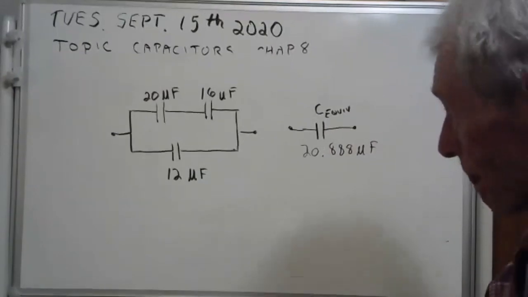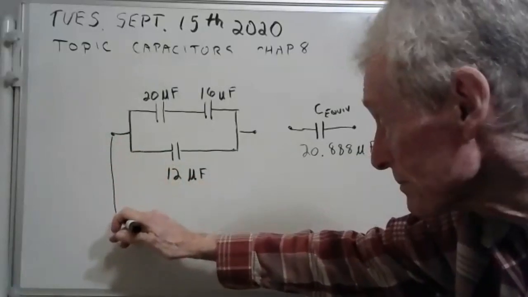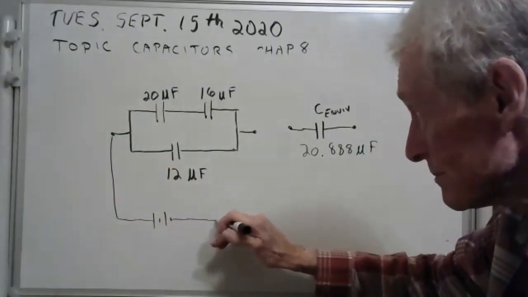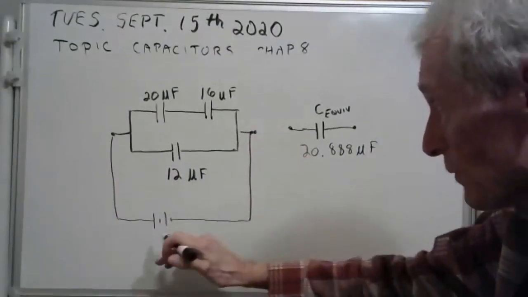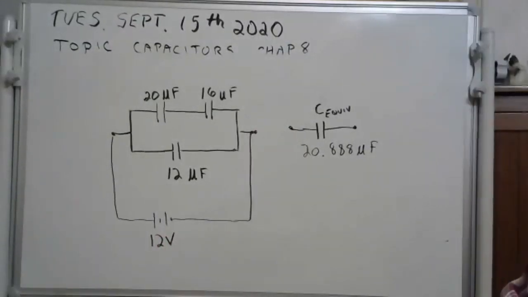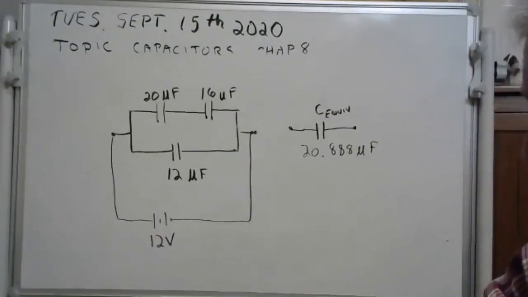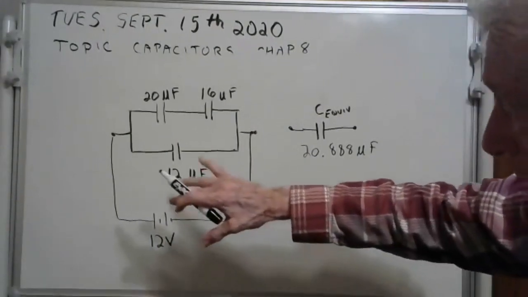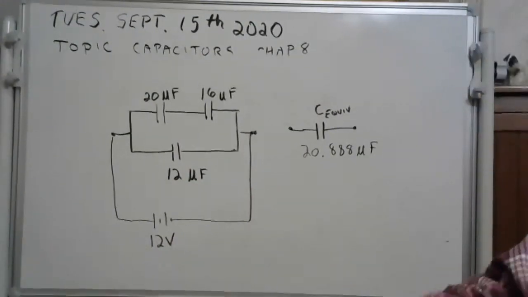Okay. Great. Now what we're going to do is connect up our battery. We would use a 12-volt car battery here. We'll connect up that 12-volt car battery. And what we need now is the voltages. Why don't I put them in red?